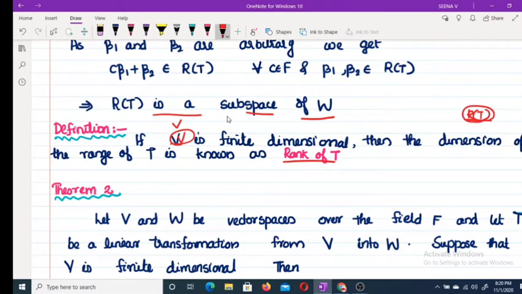Then the dimension of range of T is known as rank of T. If V is finite dimensional, then the dimension of range of T is known as rank of T.